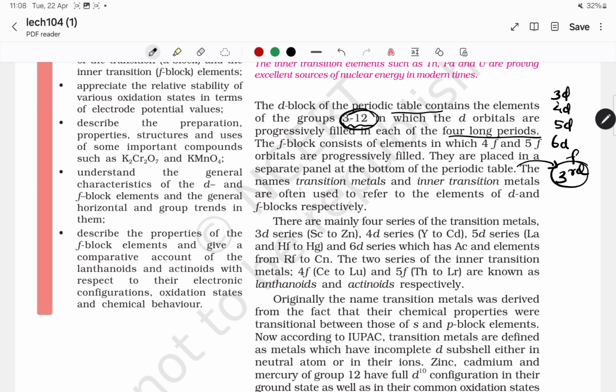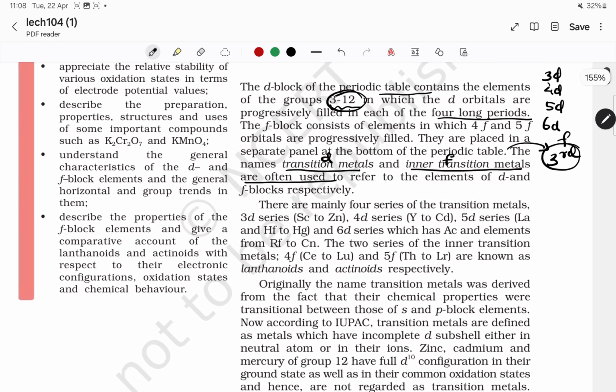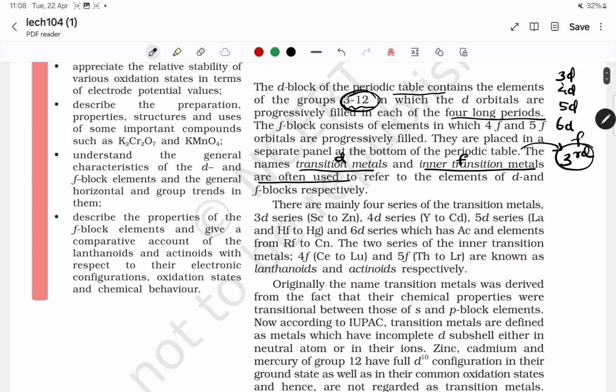The names transition metals and inner transition metals are often used. Transition metal is for D block, inner transition metal is for F block. And one more thing is important, the atomic number.